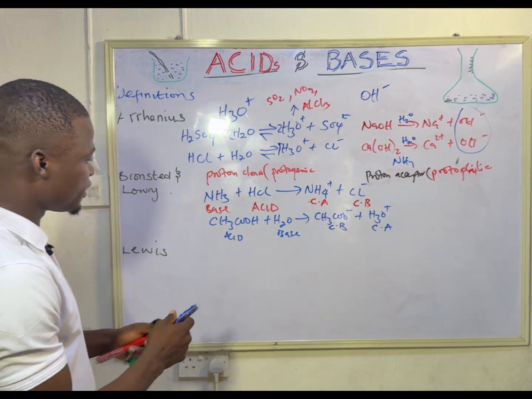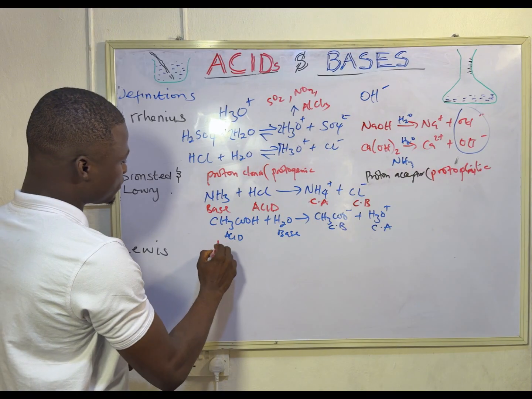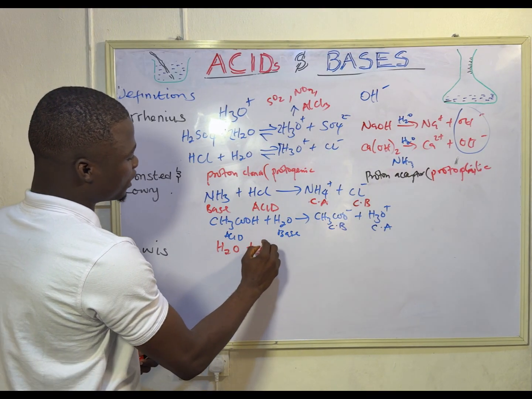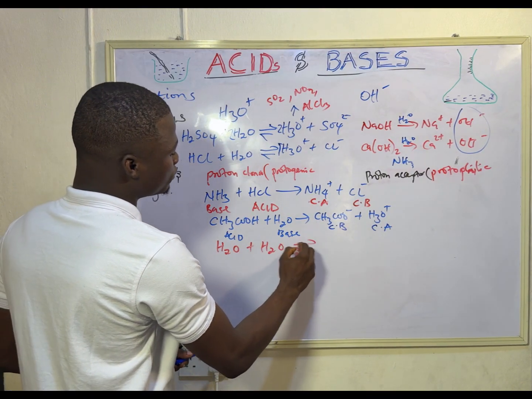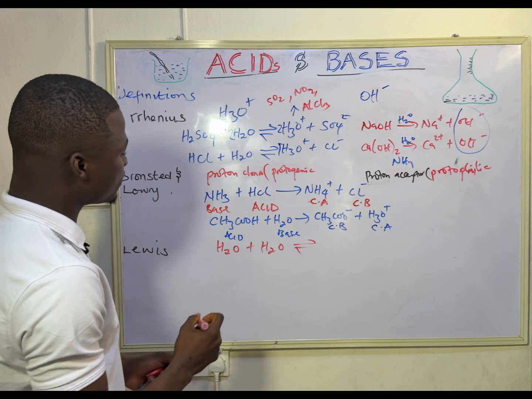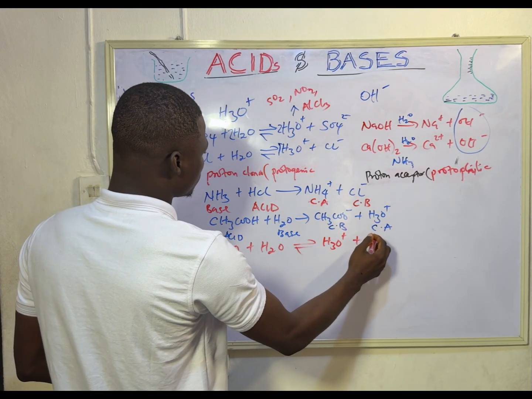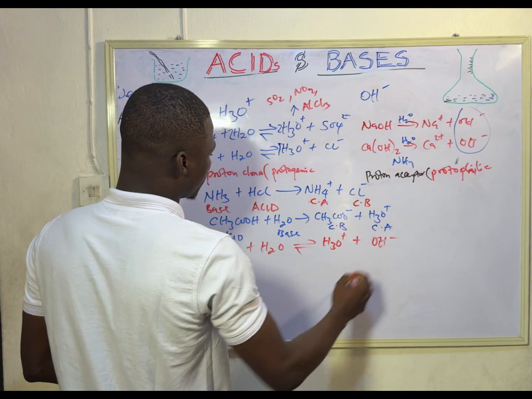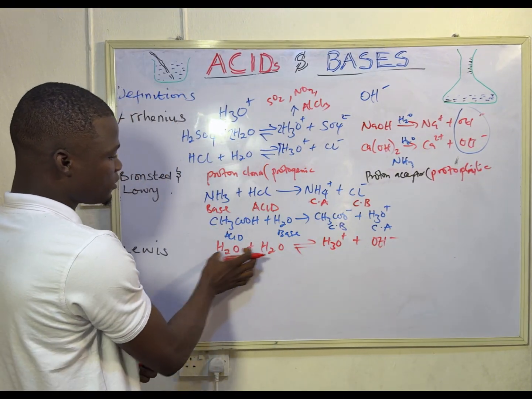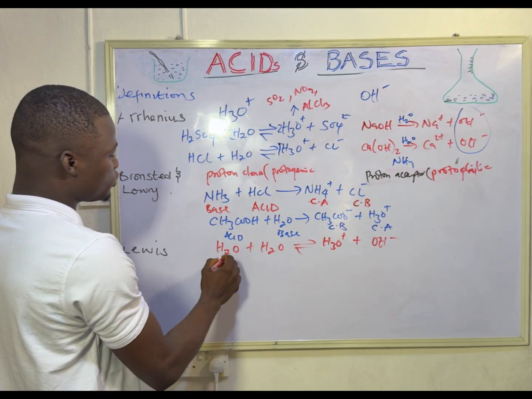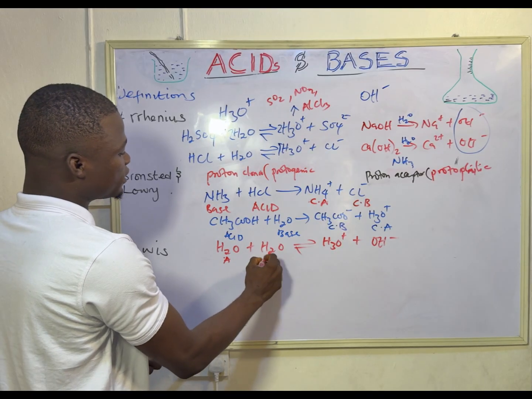We also have examples of water reacting with another water molecule. In this case, we have H3O plus and OH minus. So this is the same molecule of water, so we assume this is our acid and this is our base.